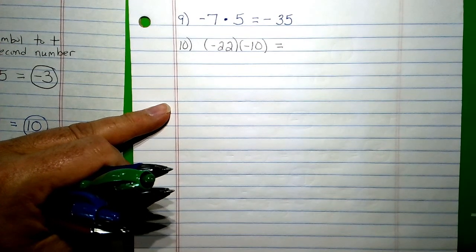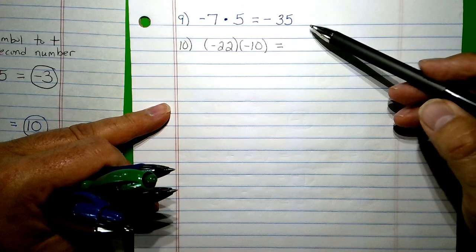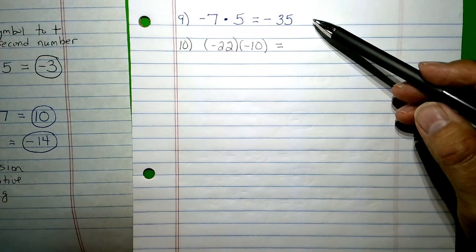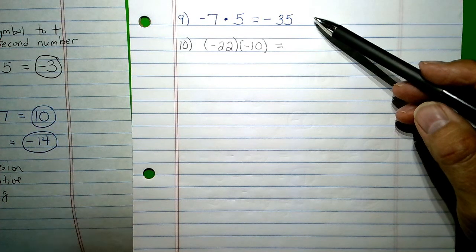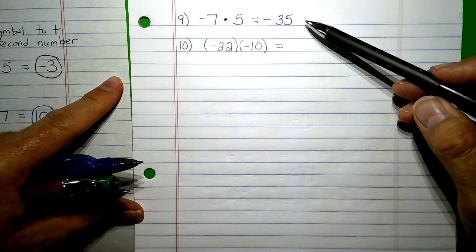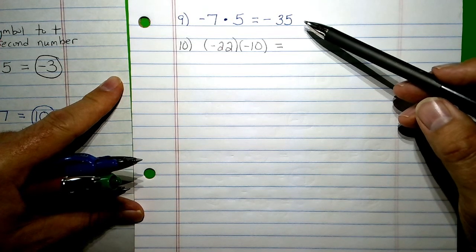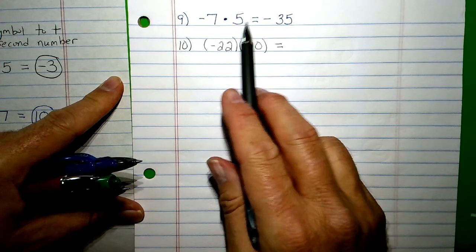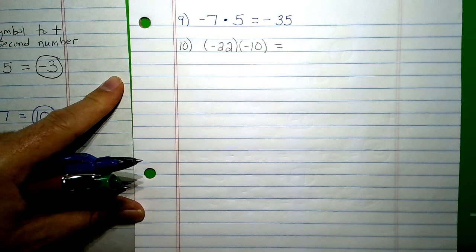Negative 7 times 5, negative 35. But if you're having to do that for every little calculation, oh wow, you're never going to get finished with all the problems. These are things you should be able to do quickly in your head without having to punch negative 7 times 5 into a calculator.